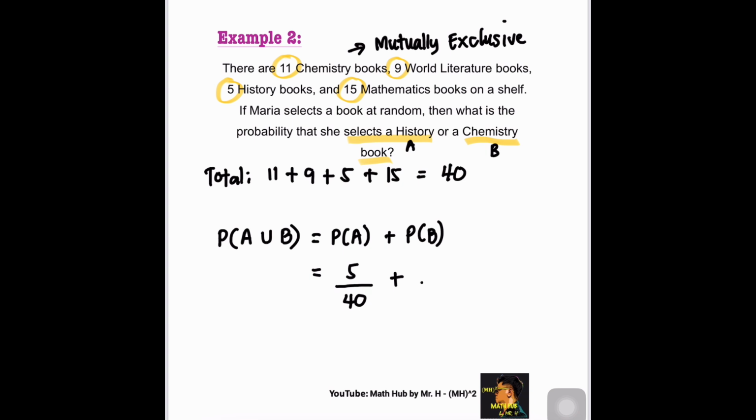Plus, again, we have a total of 40 books, and there are 11 chemistry books. So probability of selecting a chemistry book is 11 over 40. And we simplify this, 16 divided by 40, 2 over 5. And in percentage, it will be 40%, decimal 0.4.